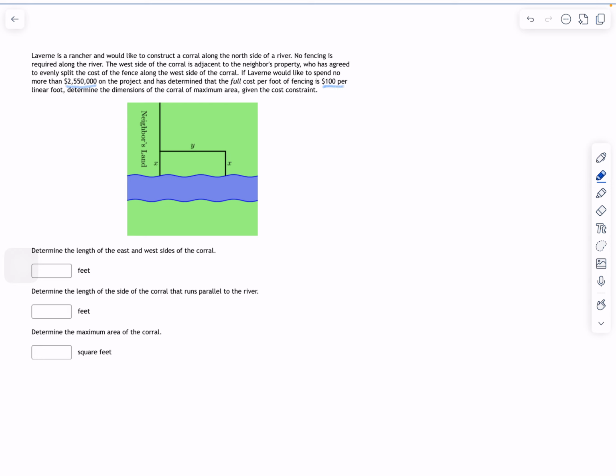So if we come up with an equation for that, the total cost is equal to adding up x plus y, and each of those is multiplied by $100 per linear foot. But there's a little addition here because the neighbor agreed to split evenly the cost of the fence along the west side of the corral.